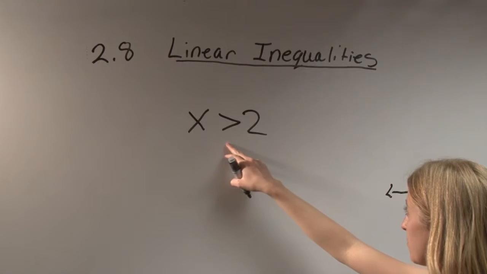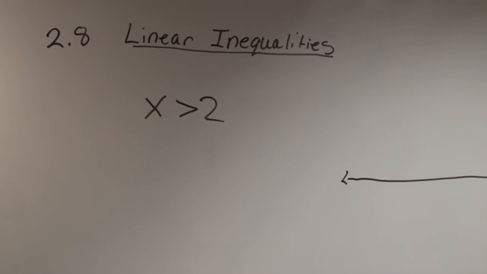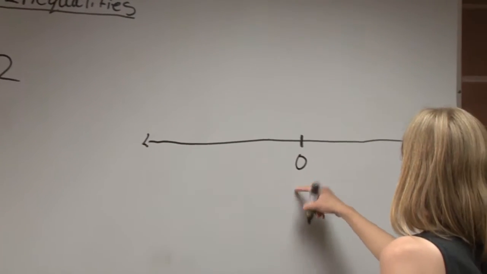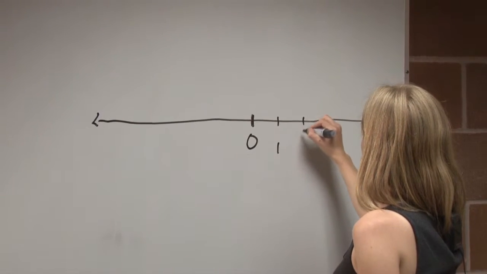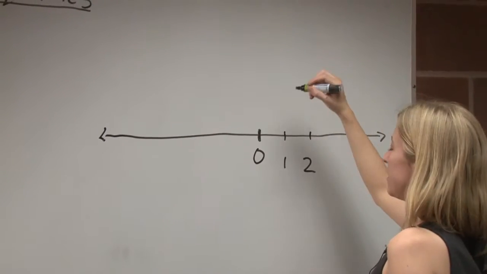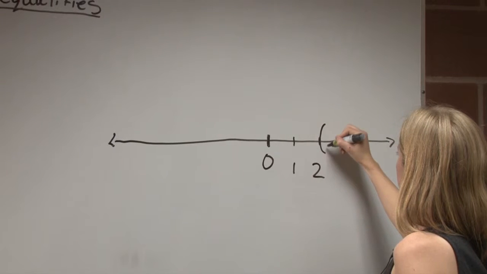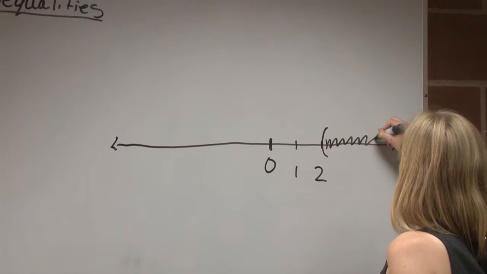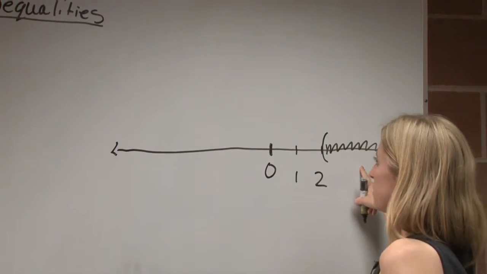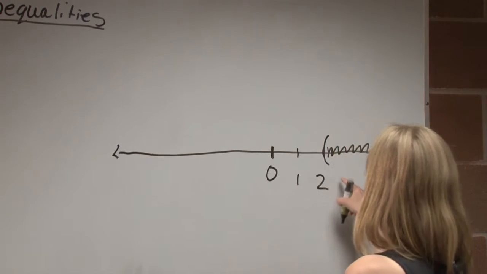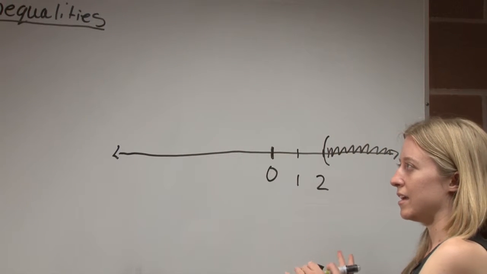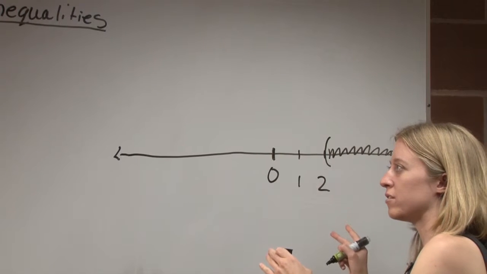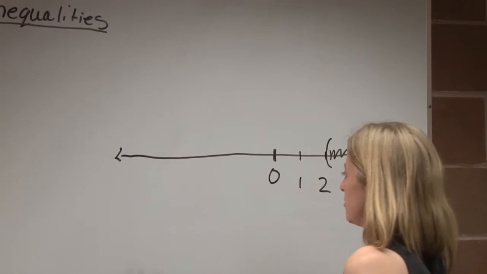So for x is greater than 2, I can graph that on a number line. Here's 2, and then I'm going to put a parenthesis here and shade in the area that's greater than 2. The parenthesis says that it is everything bigger than 2, but it's never actually 2.